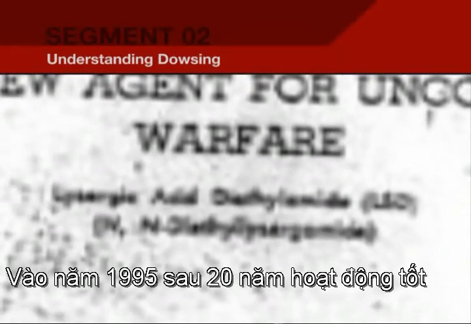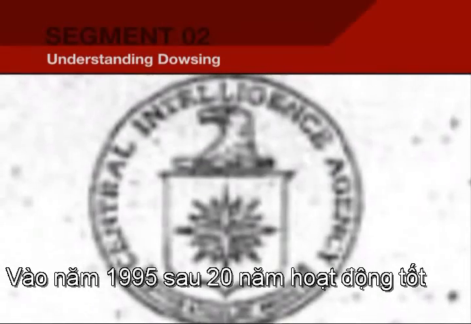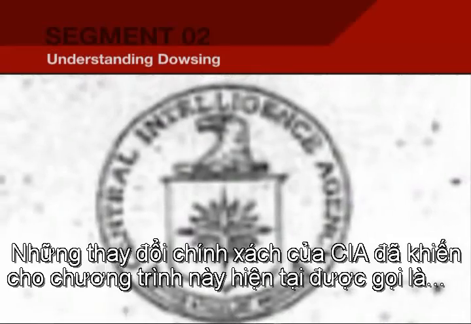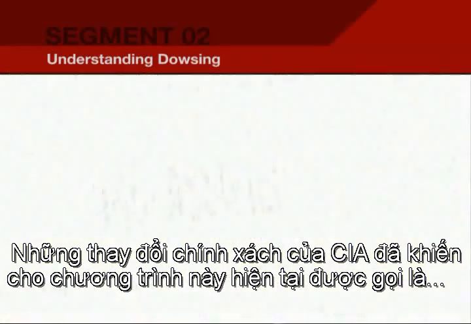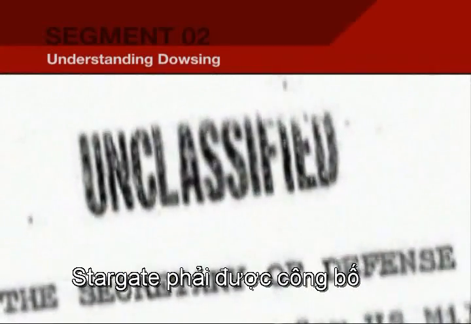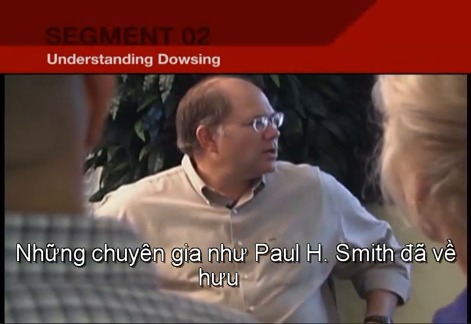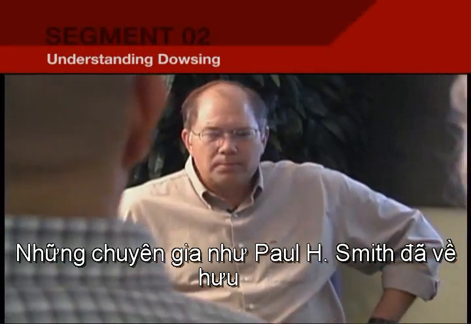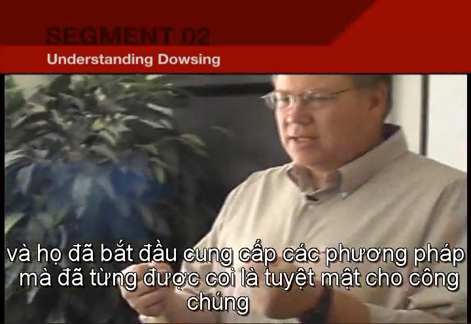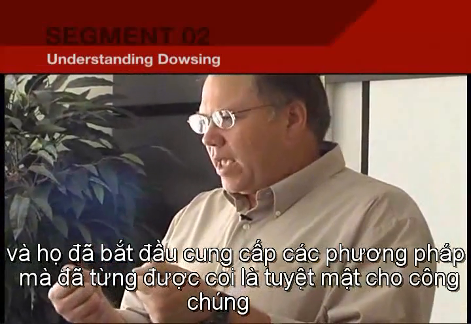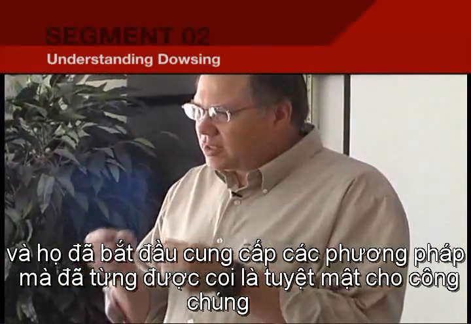In 1995, after 23 years of successful operations, policy changes within the CIA forced the program, now known as Stargate, into declassification. Trained military personnel, including expert Paul H. Smith, retired and soon began providing these once top-secret protocols to the public.